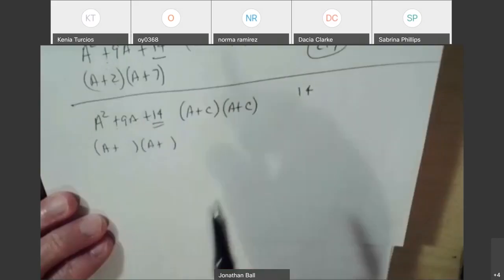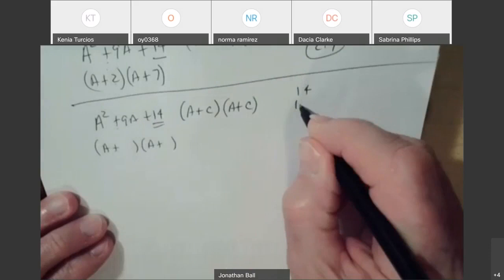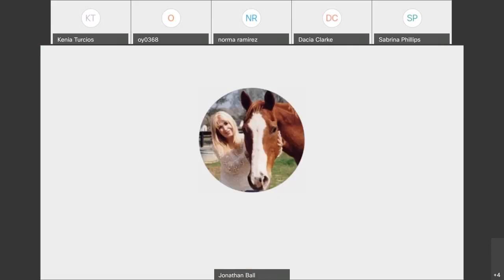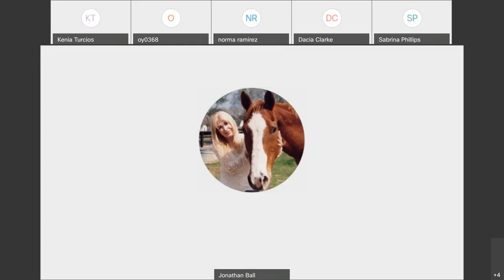So we take the 14, the constant here, and we factor it. 1 times 14, 2 times 7, and that's all there is. Now we look for the two factors of 14 that add up to 9. So it's 2 and 7.